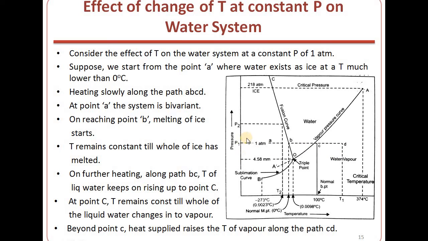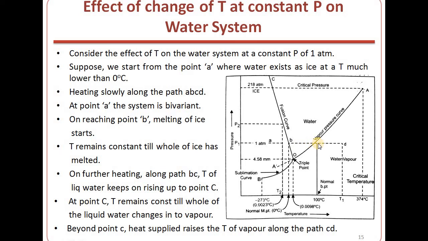On reaching point A, the system is bivariant. On reaching point B, melting of ice will start. The temperature will remain constant till the whole of the ice is melted. On further heating along path BC, the temperature of liquid water will rise up to point C. Along BC, the system exists in the form of only water.